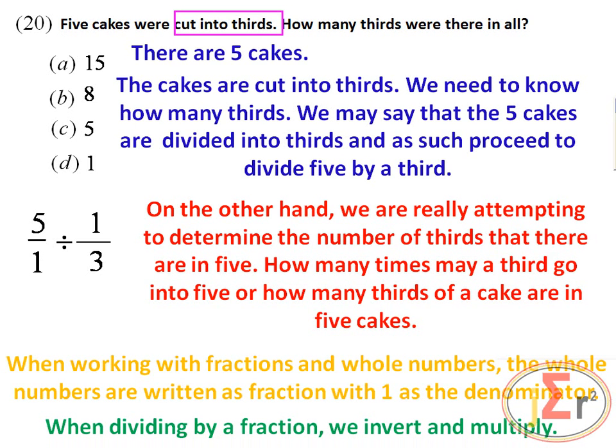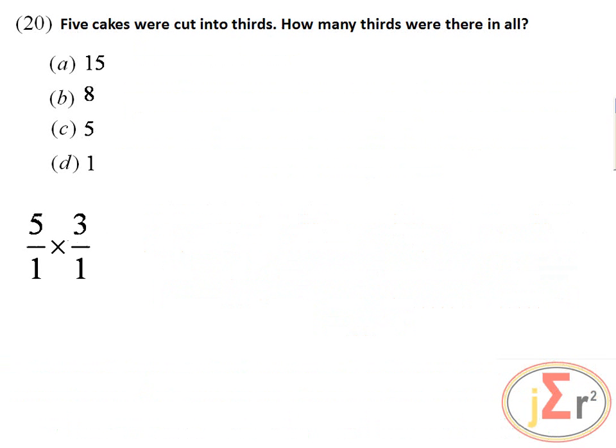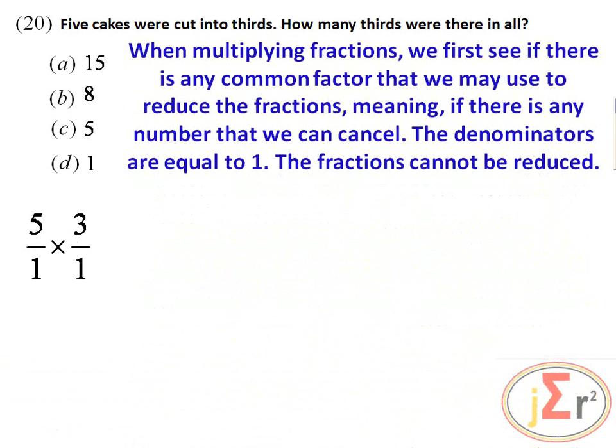When dividing a fraction, we invert and multiply, or we reciprocate the fraction and multiply. That we have done. So we have reciprocated the fraction that we are dividing by, and when we multiply, what will be the result?